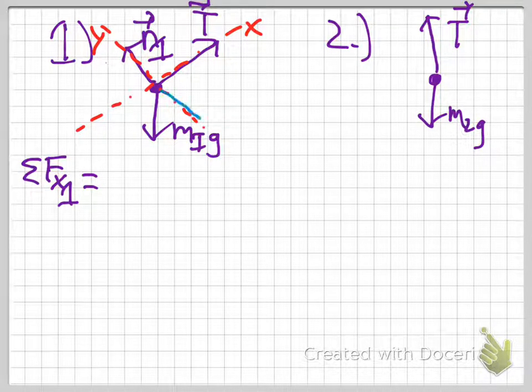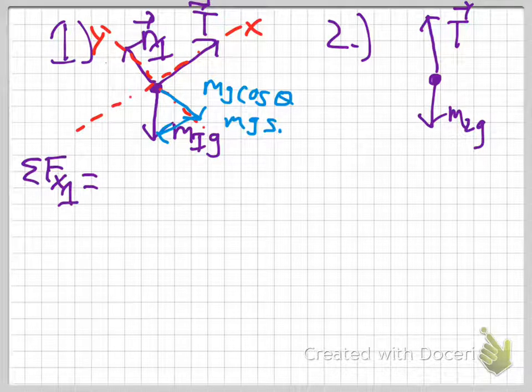So this point right here is mg cosine theta, and this part is mg sine theta. If you draw it like this, the angle is right here. Remember you could draw it this way instead.